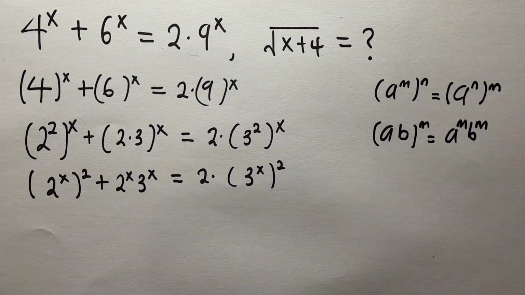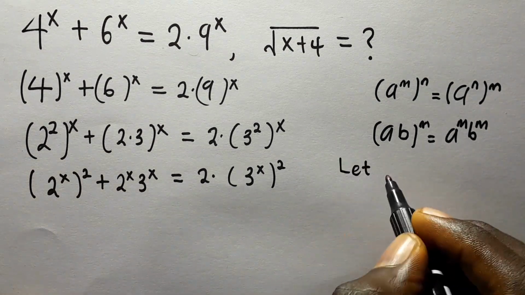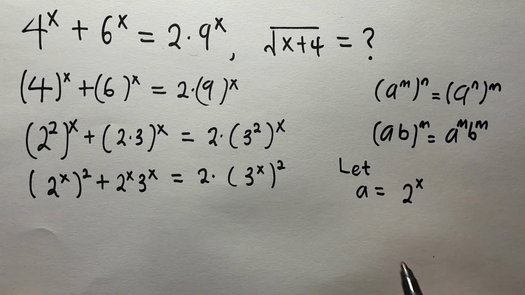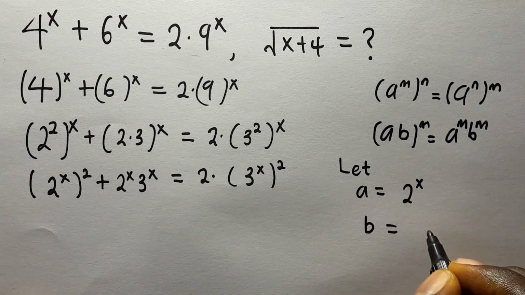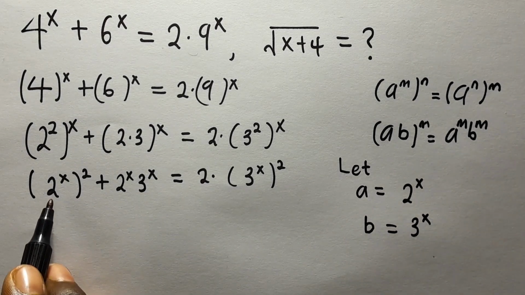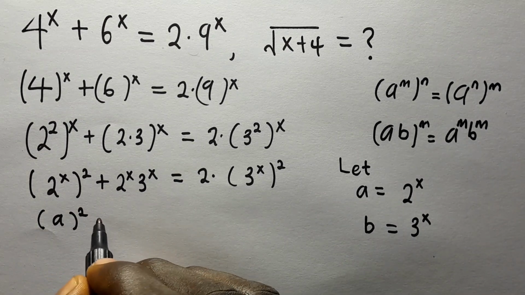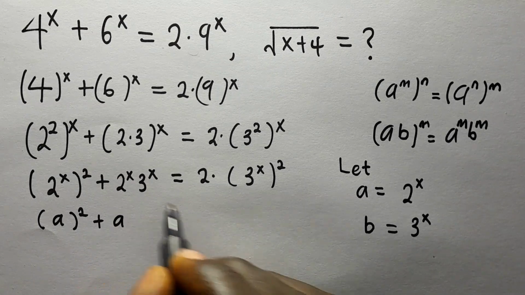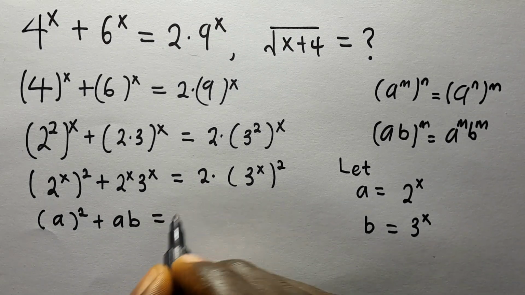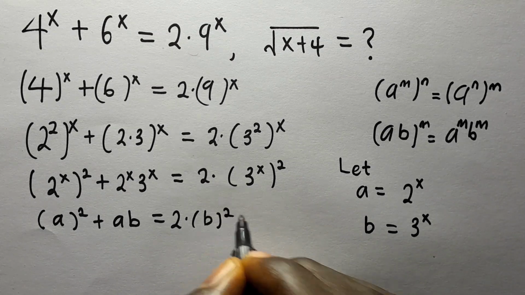So from here, by letting a equal 2 raised to power x and b equal 3 raised to power x, that means here we have a raised to power 2, and here we have a times b, then this equals 2 times b raised to power 2.